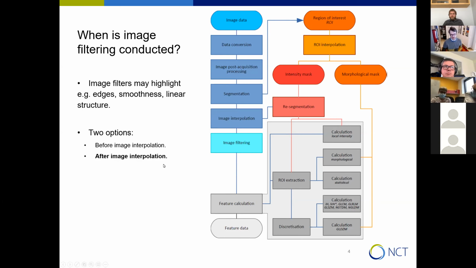So you need to interpolate to the same grid size across the entire data set. Then the idea is that you compute features from the response maps, which you create after filtering.